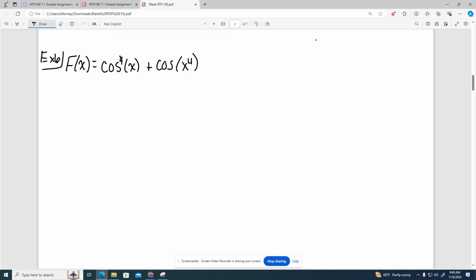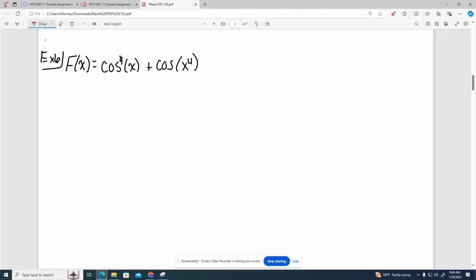So, in this one, we have 2 chain rules in one problem. How fun is that? I don't see everyone looking so excited. What I mean is, isn't this cosine to the 4th x, that's cosine x to the 4th, that's a composition.